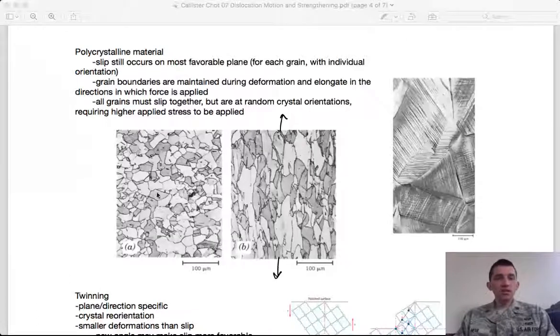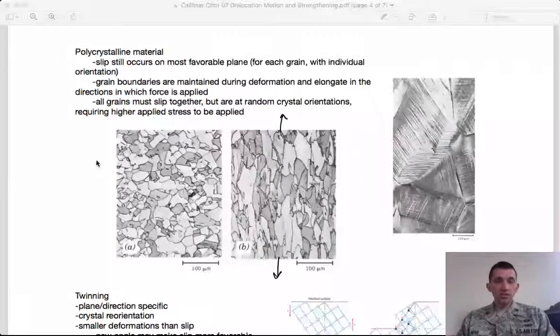The rest of them are going to have to slip under non-ideal conditions. And by forcing them to do so, it's going to require higher forces. I'm going to have to put more energy in, more force, to deform a crystal grain in a non-ideal direction.